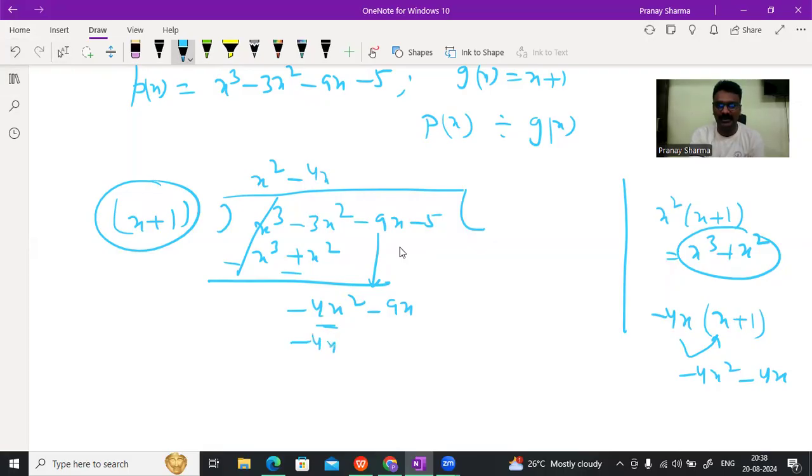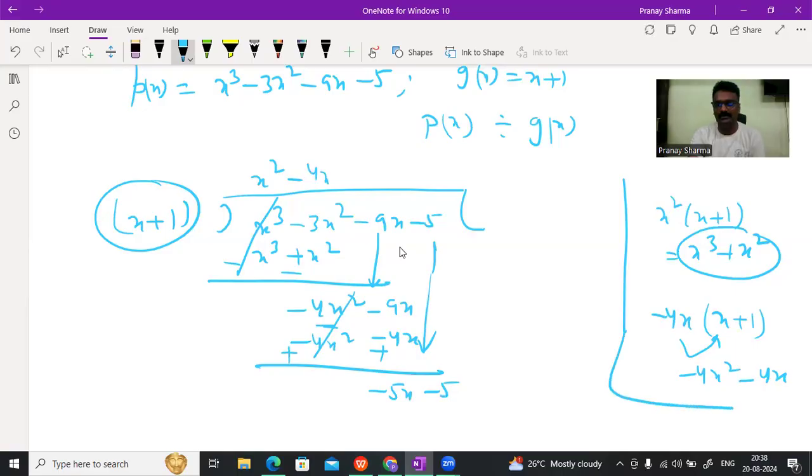So you'll get minus 4x square and minus 4x. Change of sign, plus and plus. This will go. What will this give you? Minus 5x, right? Which one is greater? In magnitude 9 is greater, right? What is the sign of 9, which is minus? So that sign will come. And then this minus 5 is to be copied down.